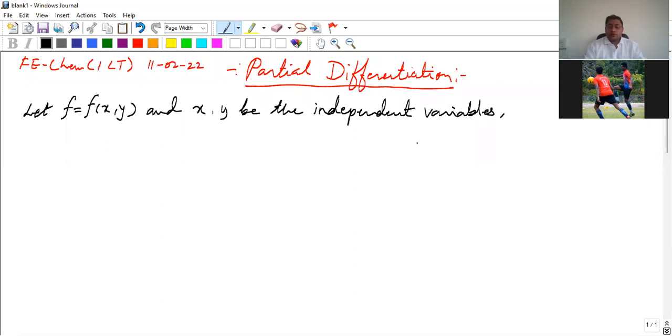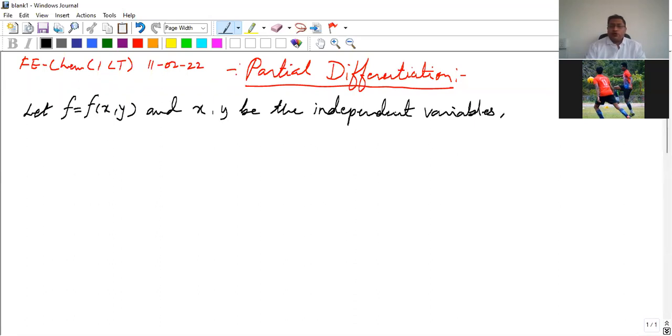So the possibility that y is a function of x is not there. Y is independent, x is independent, and both of these are changing the function f. There is no relation between x and y, but f is related to x, and f is related to y.